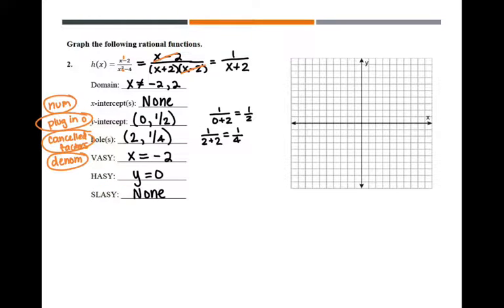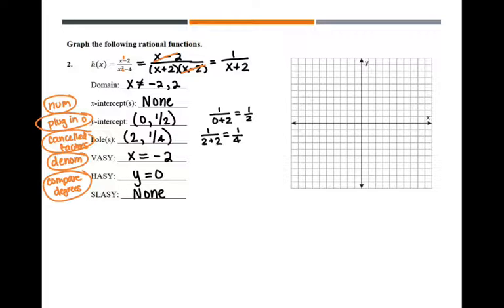Your horizontal asymptote and your slant asymptotes essentially come from comparing your degrees. So I'm going to make a note, compare degrees. We will actually have to find a slant asymptote in a little bit, and there is a method for doing that, but since this one doesn't have a slant asymptote, I'm not going to bother explaining it right now.